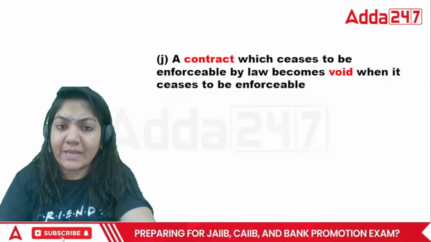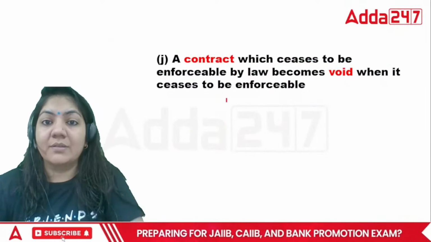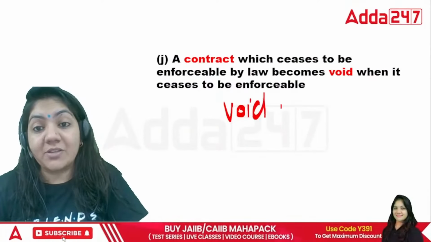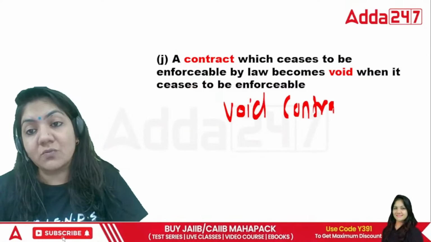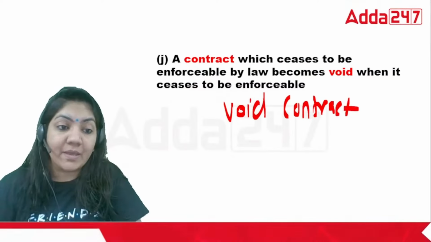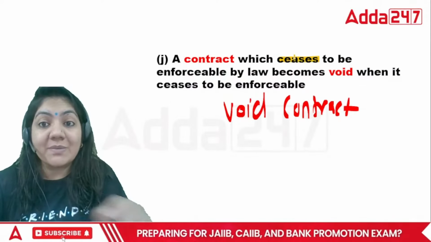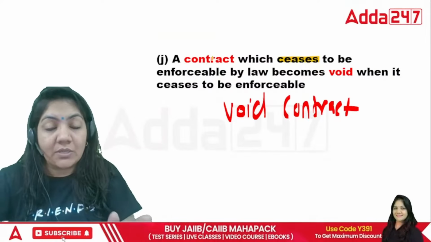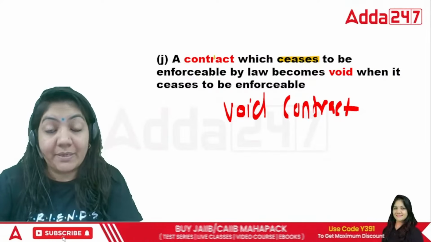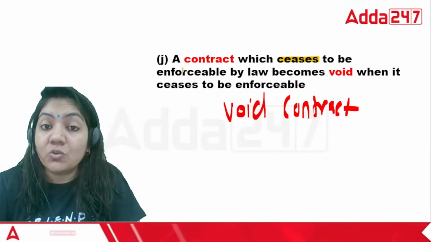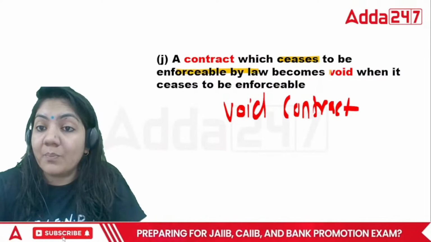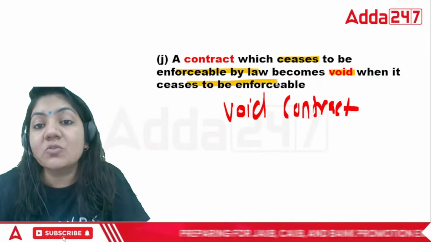Done. Next is the void contract. This is the definition of void contract. What is a void contract? A contract which ceases, meaning ends. The contract is already made, but it ceases to be enforceable by law and becomes void when it ceases to be enforceable.